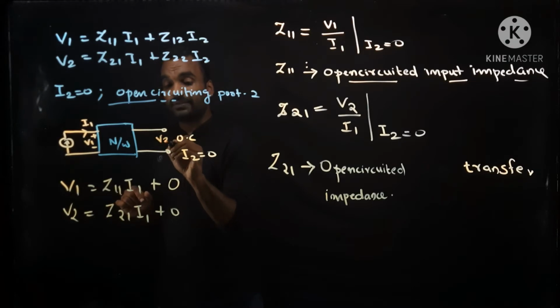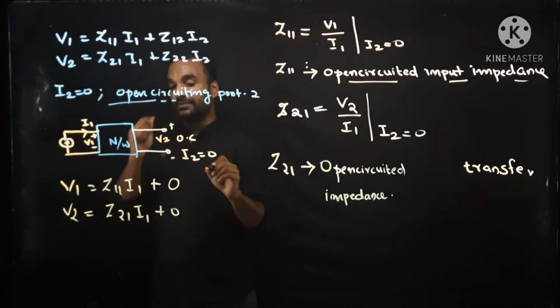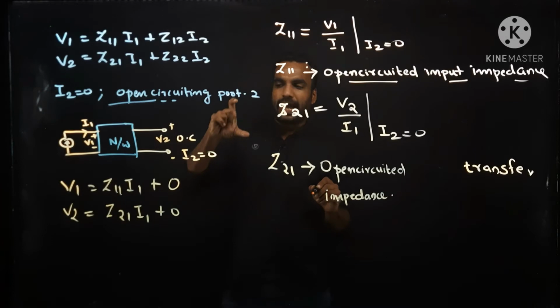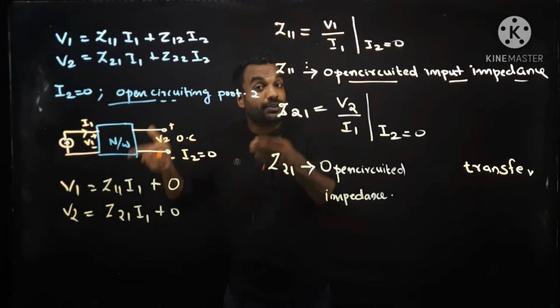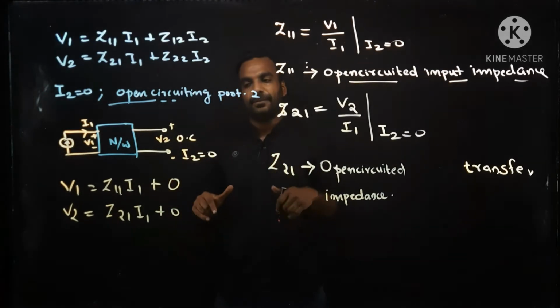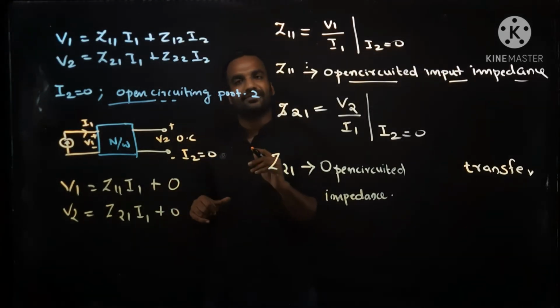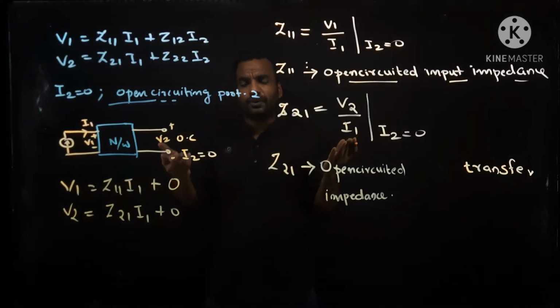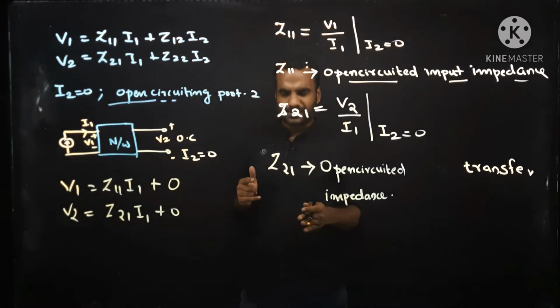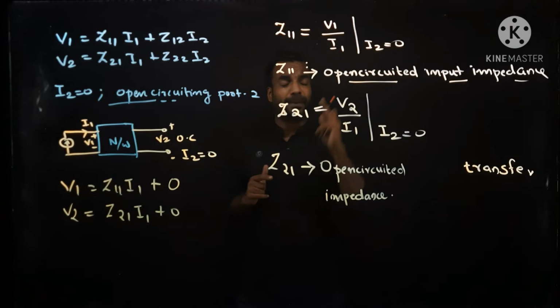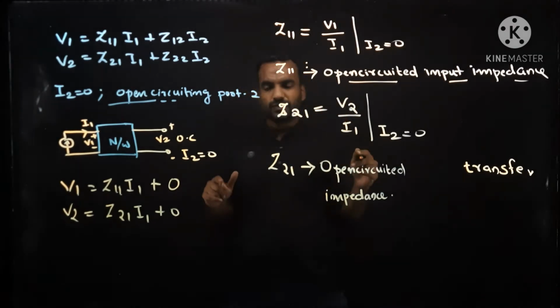Even though I2 is 0, we may get some voltage. Across open circuited terminals, current will not pass, but there exists a potential difference. Voltage is there. If you connect some lamp here, it will glow if potential difference is there. So V2 is present. Even though circuit is open circuit, V2 is present, but I2 will be absent.